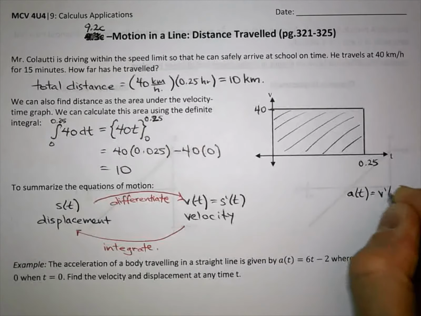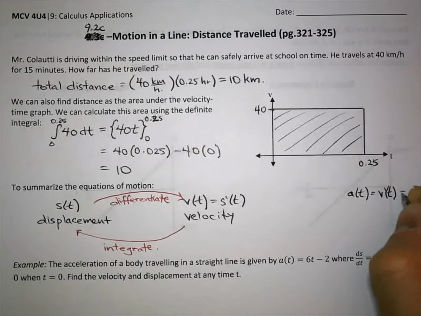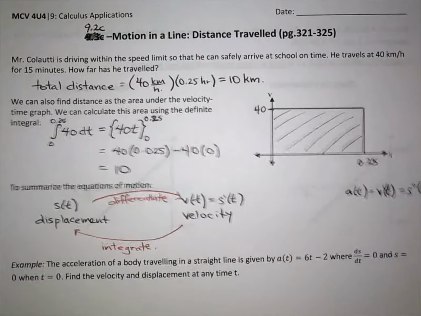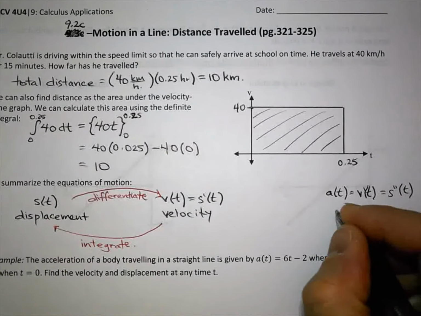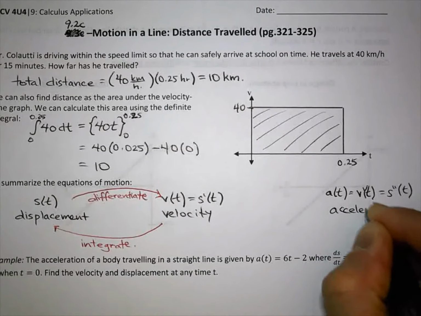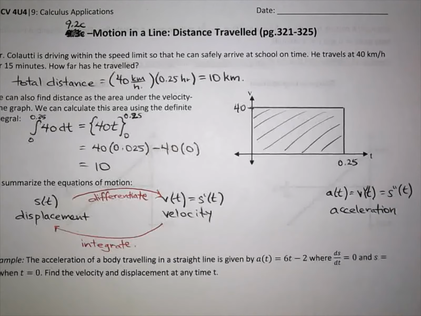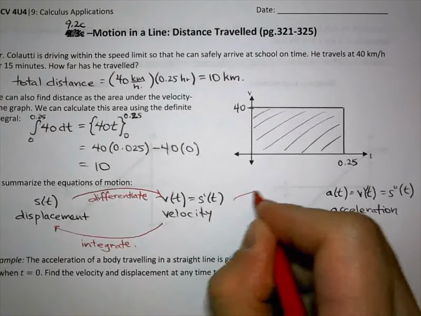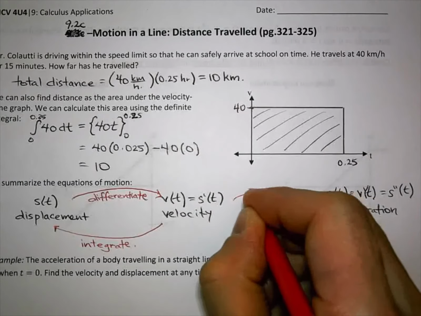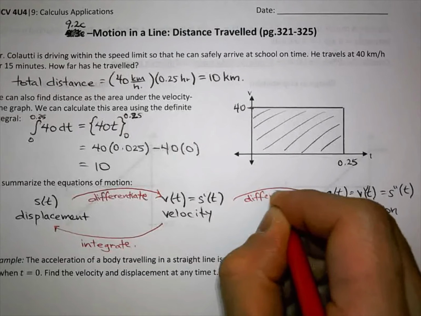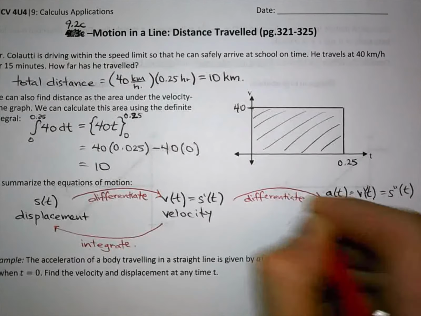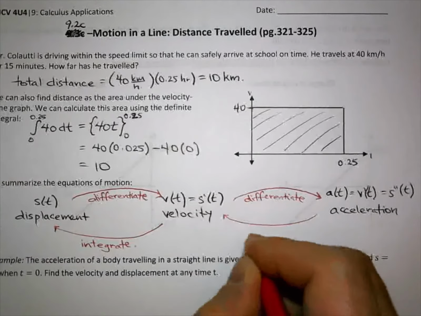That's the derivative of velocity or the double derivative of displacement. And this is called acceleration. This is what we looked at in our last lesson. Once again, to get from here to here, you have to differentiate. And to go back, you have to integrate.